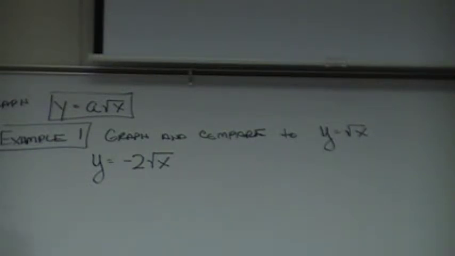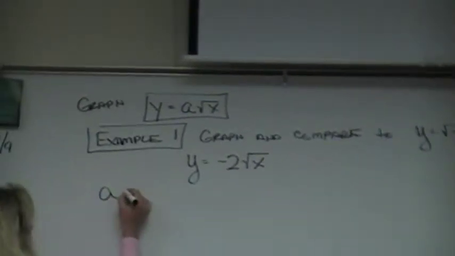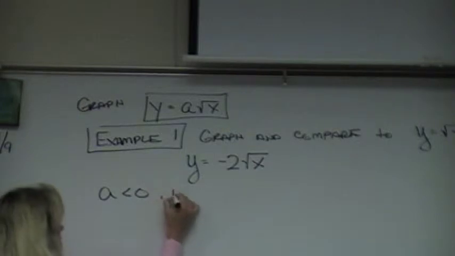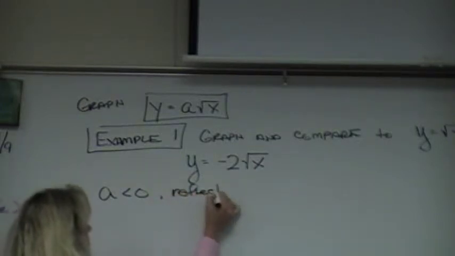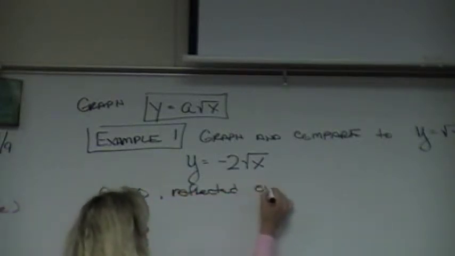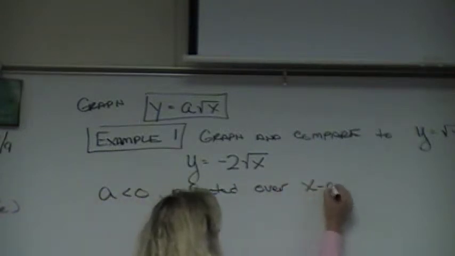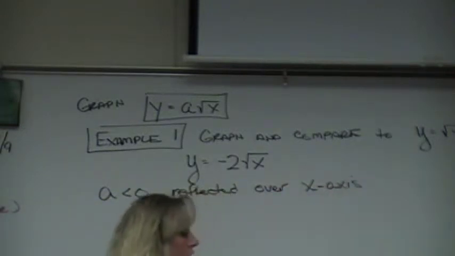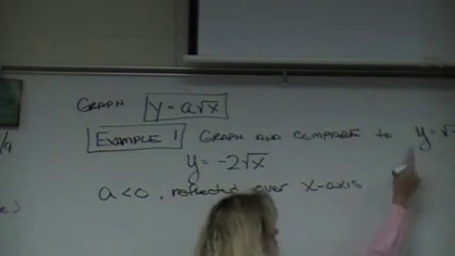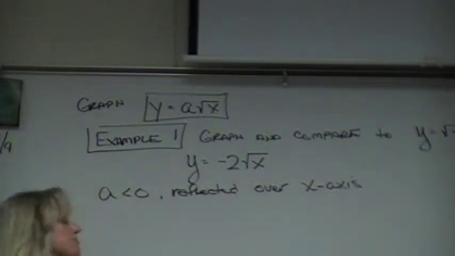Okay, because it's negative, it's going to be reflected. So let's put that down. We know that since a is negative, a is less than 0, it's going to be reflected over the x-axis. That's already one difference between our graph and y equals the square root of x. There's one comparison. We'll do the other here in a minute when we actually graph it.